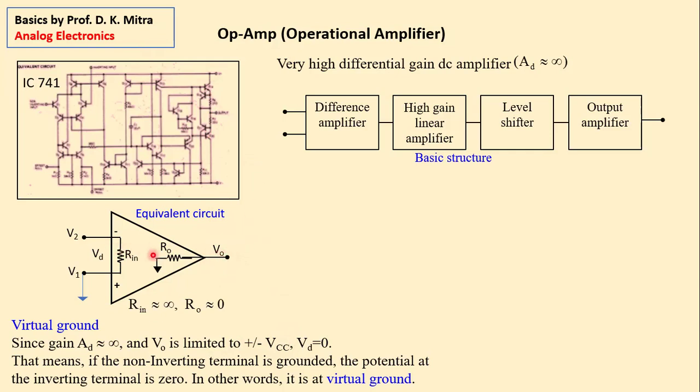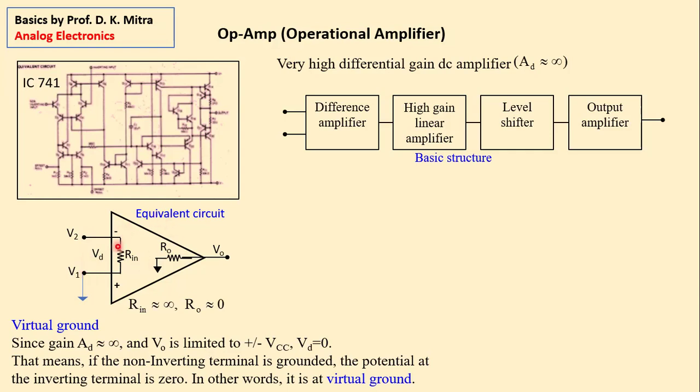And since the gain is infinity, then what is Vd? Vd is 0. This means if the non-inverting terminal is grounded, then Vd will appear to be 0, it will readjust itself to 0. That means this also will be at the same potential of ground.